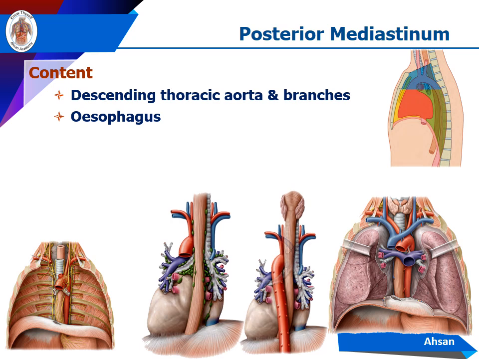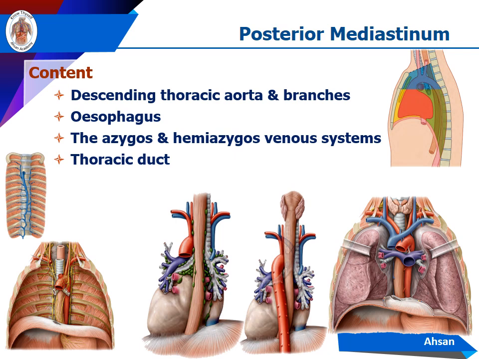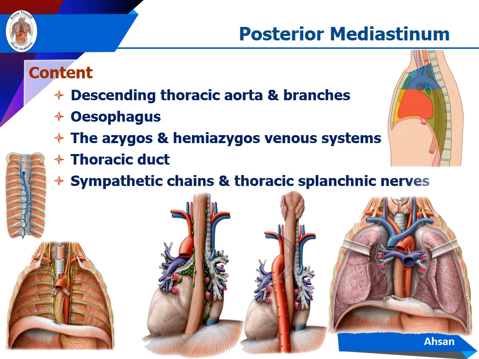The middle two figures are seen from behind, and the two figures on the sides are viewed from the anterior aspect. The azygos vein and the hemiazygos vein lie on the posterior thoracic wall. The thoracic duct also ascends following the posterior thoracic wall.